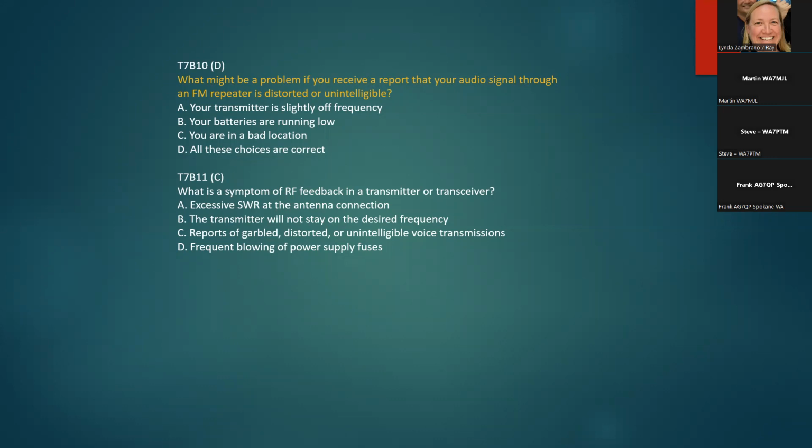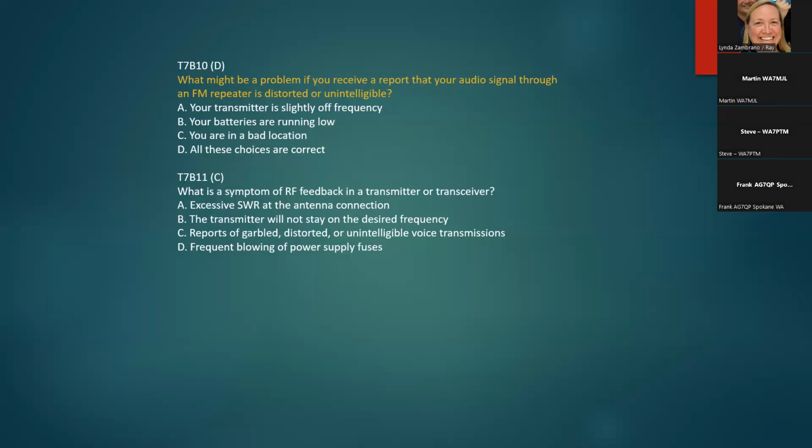More common is that your transmitter can run a little off frequency if the batteries are getting very, very low. A more common reason is that you're simply in a bad location, and the transmission is being received at the repeater with very low power.